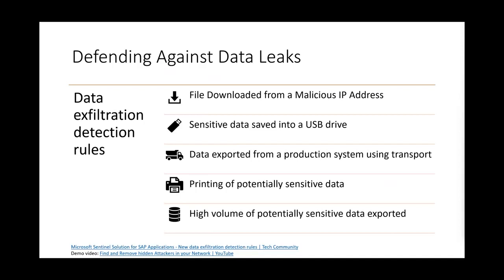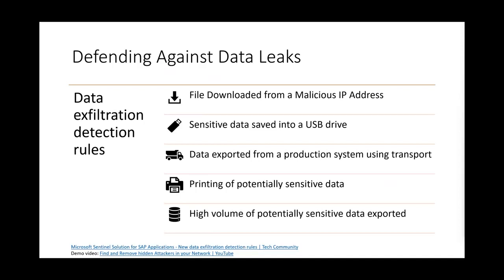So this means that, of course, it is necessary that you have onboarded threat intelligence indicator feeds. The second rule is straightforward. It generates an alert when SAP data is exported and saved to a recently mounted USB drive. The alert identifies recently mounted USB drives using Microsoft Defender for Endpoint. Third rule requires some clarification, maybe, because in SAP, transports are similar to pull requests, and they are typically created in a development system.